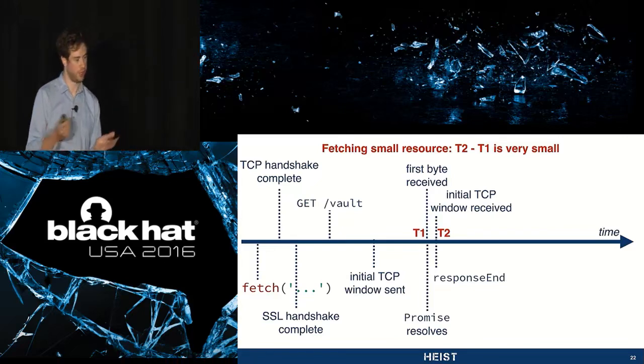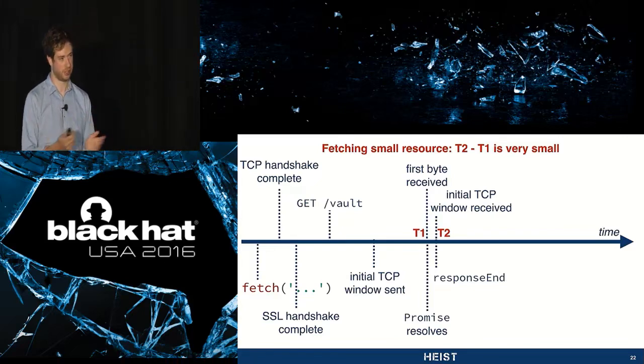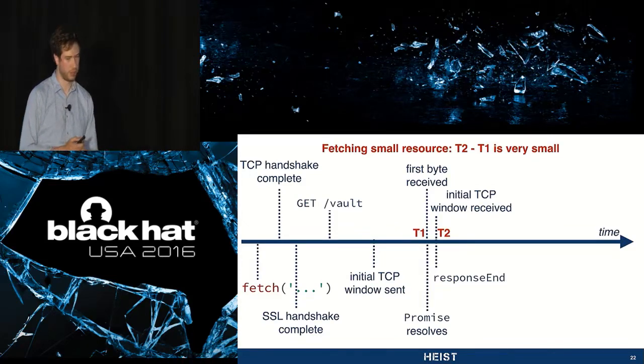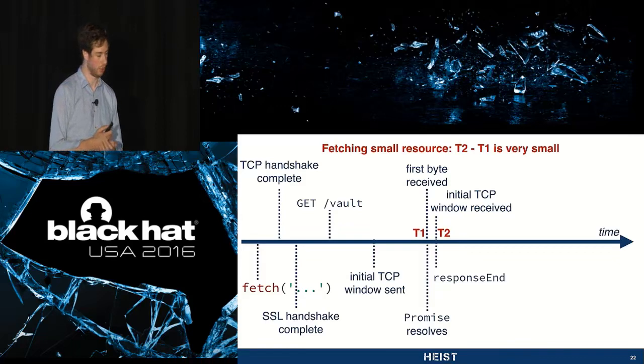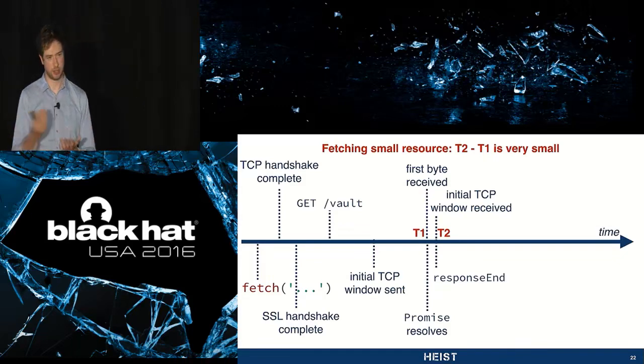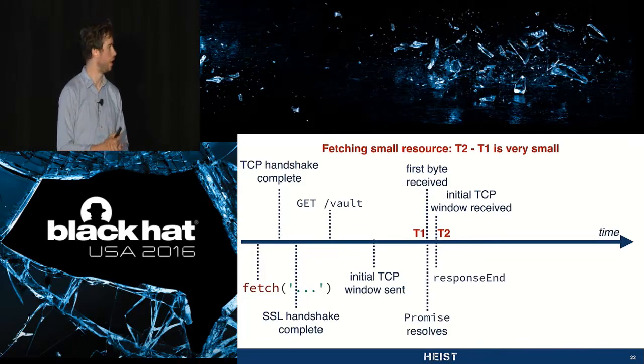So with small I mean smaller than a single TCP window. So we first call the fetch method. This will initiate the TCP handshake and SSL handshake. And after that, the browser can send out the GET request to bunnybank.com, for instance.